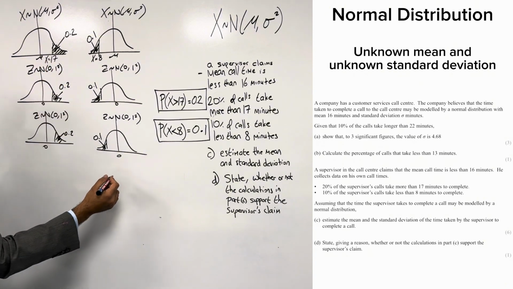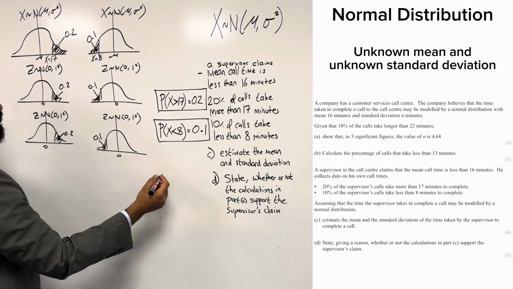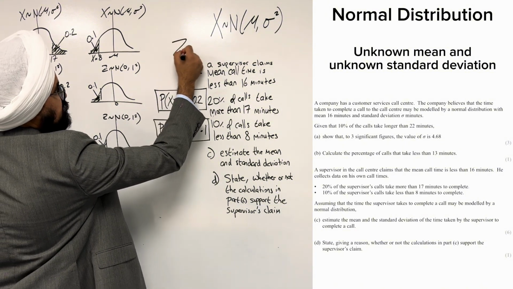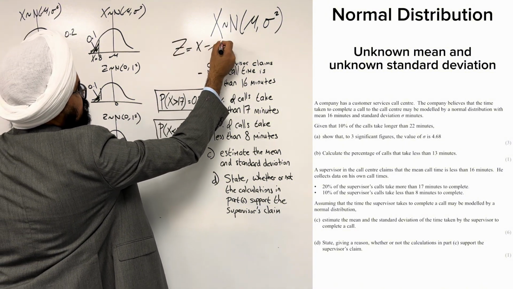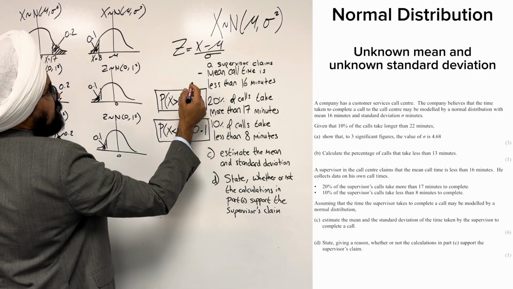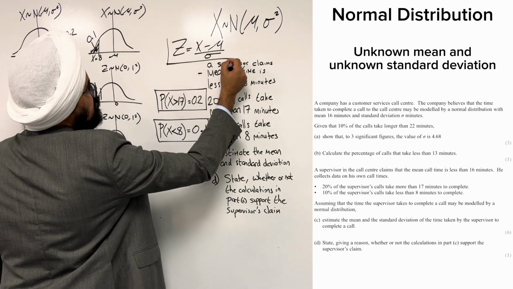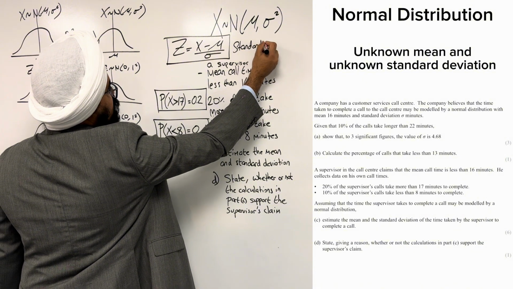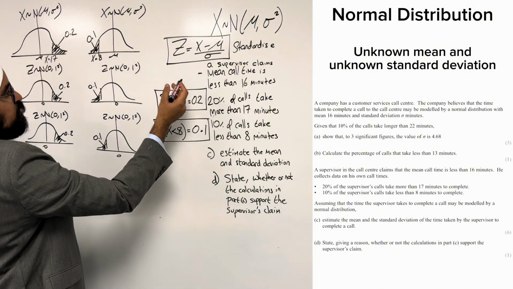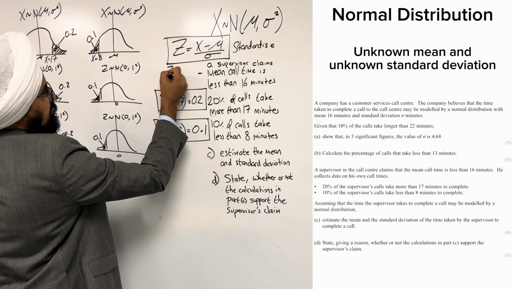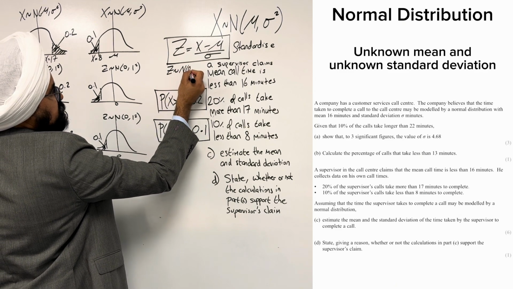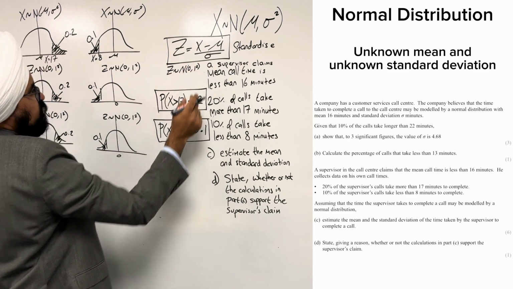So just to remind everyone, for standardizing, we use z is equal to x minus mu over sigma. And this is how we standardize so that you end up with a normal distribution, a standard normal distribution with mean of 0 and sigma of 1.